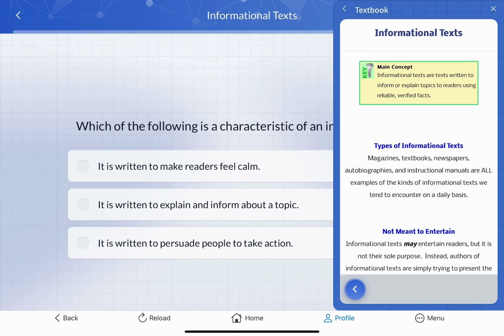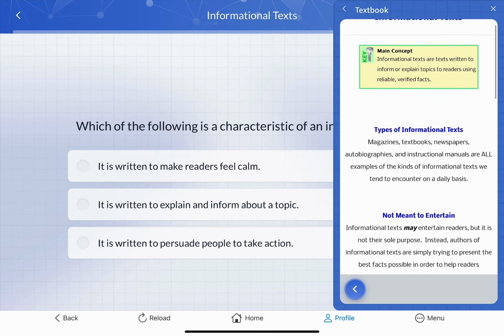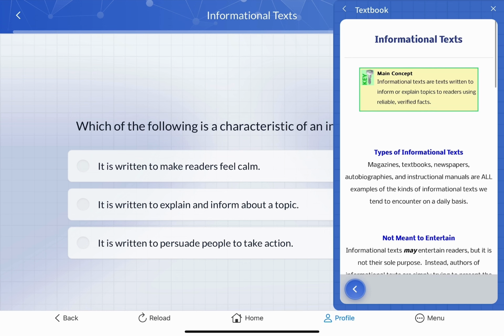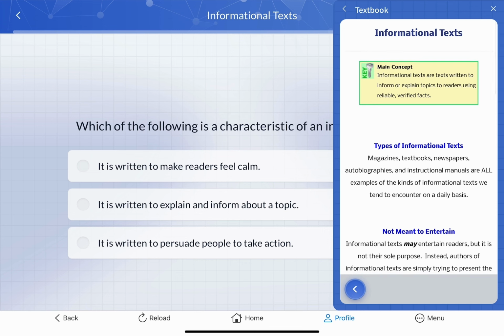Now, a lot of people would mistake informational text, not mistake, but misread it and think it was some kind of informal text, because it looked kind of like it.